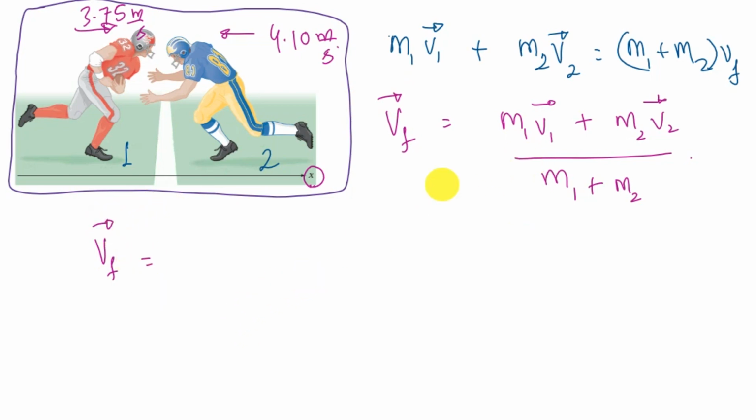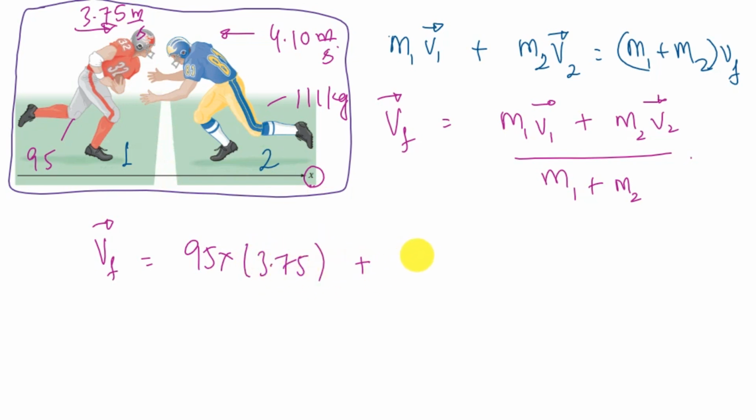That will be equal to m1 v1. So m1, I didn't mention the mass. This player has a mass of 95 kg and this player has a mass of 111 kg. Okay, so m1 is 95 and this direction is positive x, so this is positive 3.75 meter per second.